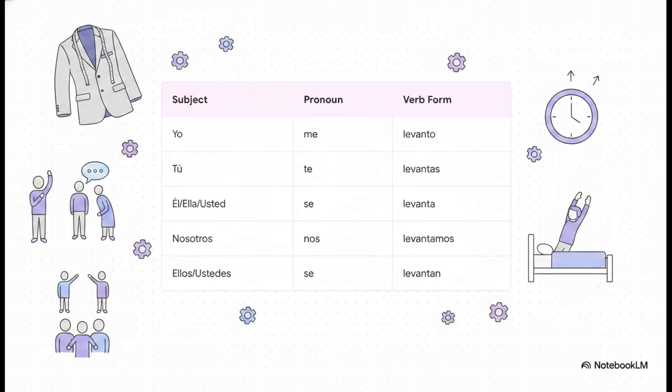For él, ella, or usted, he, she, or formal you, use se levanta. Heading over to the plural side, nosotros, we, gets matched with nos. Nosotros nos levantamos. And to wrap it up, for ellos, ellas, or ustedes, they or you all, it bounces back to se levantan. Make sense? The pronoun just changes in perfect lockstep with whoever's doing the action.